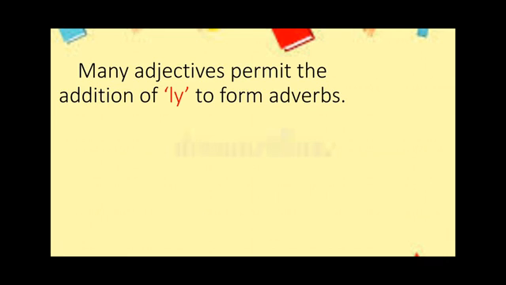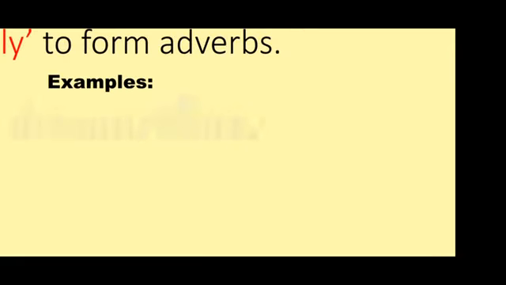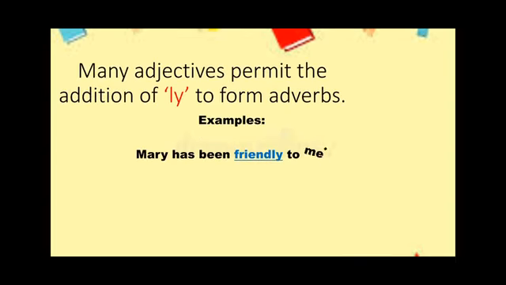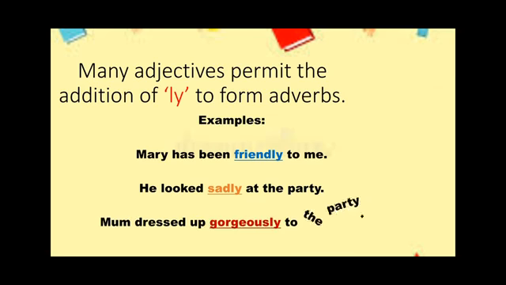Another function of adjective is that many adjectives permit the addition of ly to form adverbs. Look at the example here. Mary has been friendly to me. He looked sadly at the party. Mom dressed up gorgeously to the party.